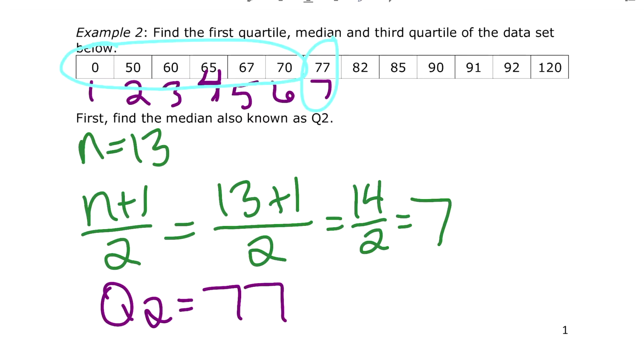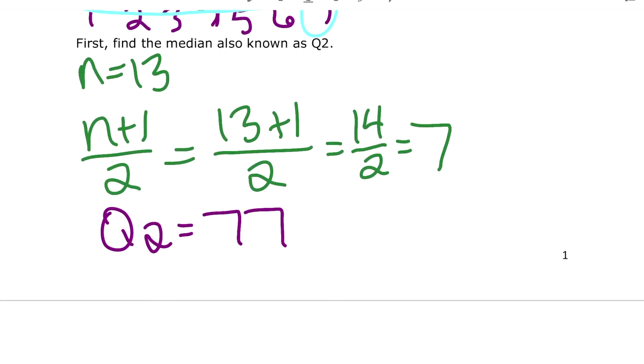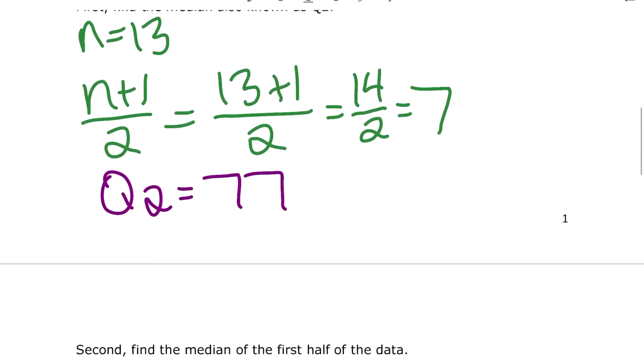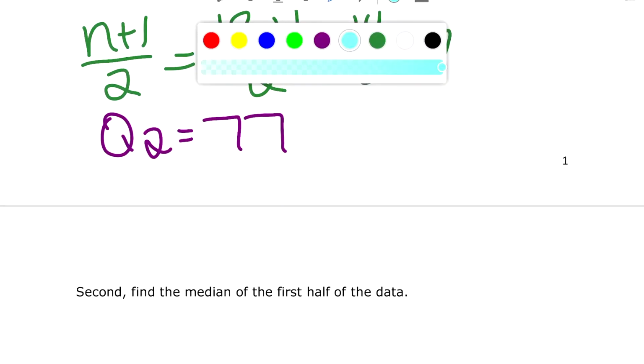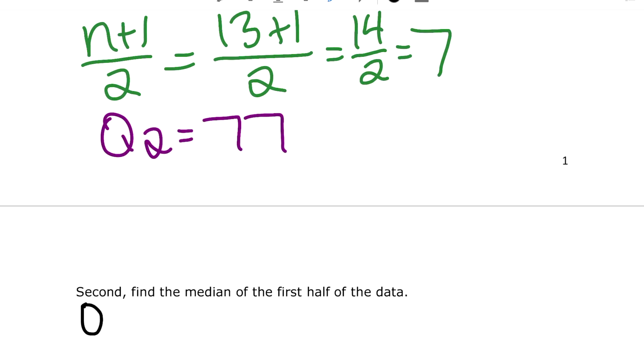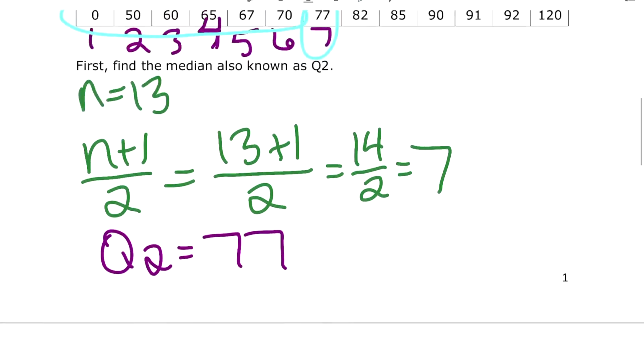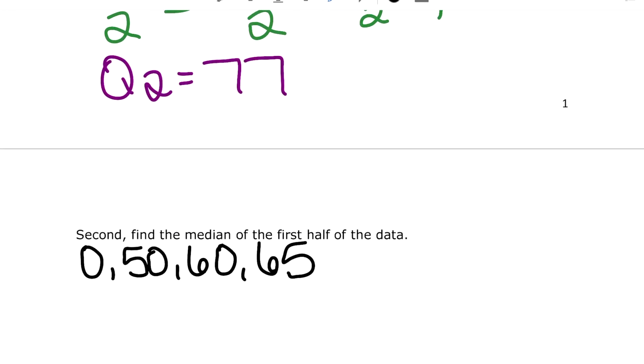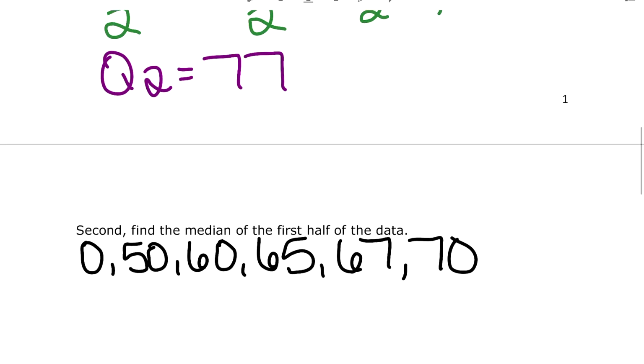So I'm going to rewrite these numbers down here: 0, 50, 60, 65, 67, and 70. These are all of the numbers that were less than my median.